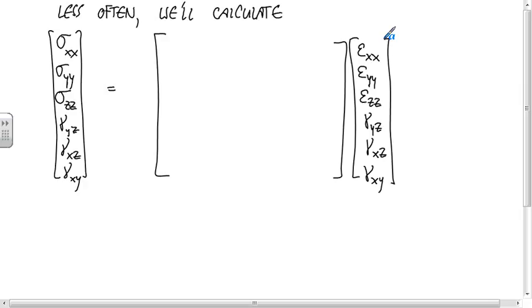Okay, so this is a different matrix. This is also 6 by 6, but this is called the stiffness matrix. And in this case, bigger values mean the material is harder to deform.